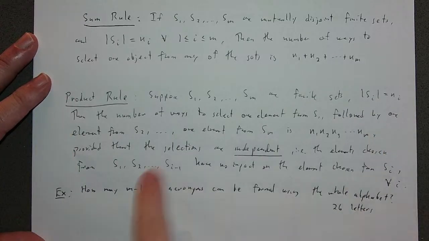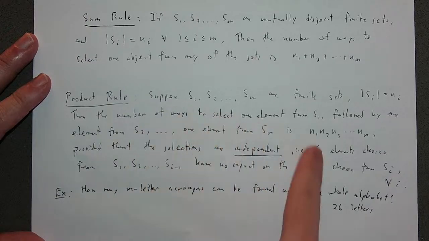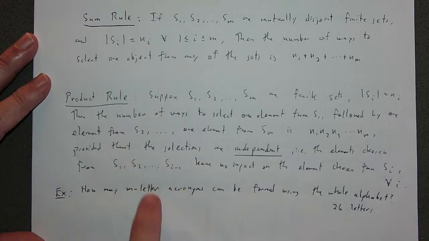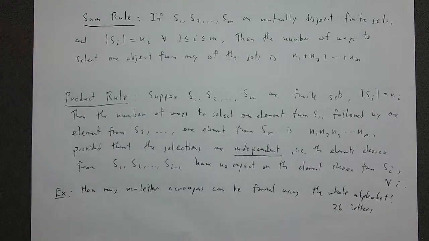Choosing an M letter acronym can be thought of as being done in sequence, where at each step I'm choosing one of the 26 letters. The problem is set up in such a way that I'm not restricting myself.